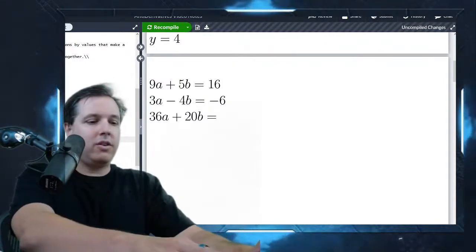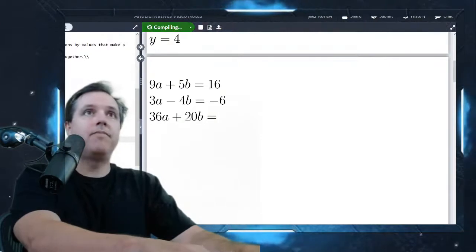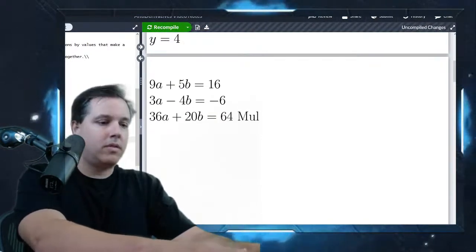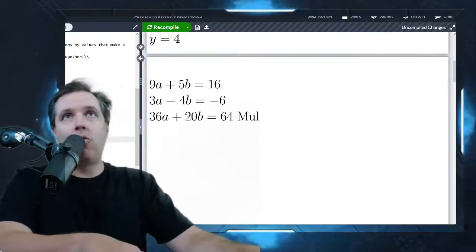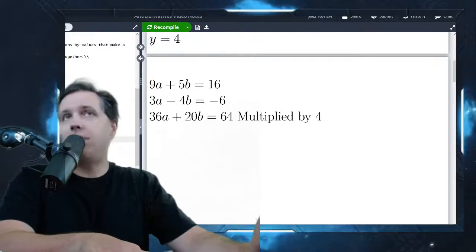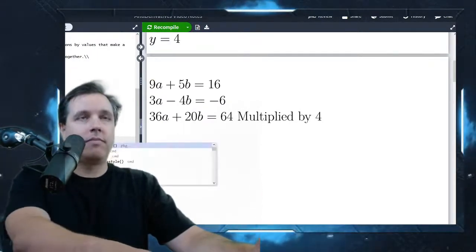So what did I do here? I multiplied by 4 to get that one. So I took equation 1, multiplied it by 4 to get this.